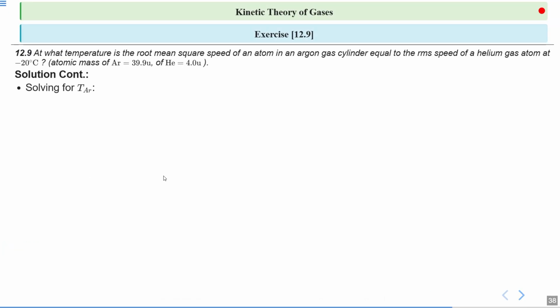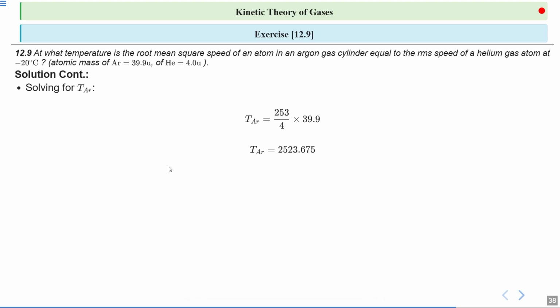Now, solving for the temperature of argon, denoted as T_Ar. Just substitute the values into the equation. We have T_Ar equal to 253 by 4 into 39.9. Here 253 is the temperature in Kelvin for helium at minus 20 degrees Celsius, and 39.9 is the atomic mass of argon.